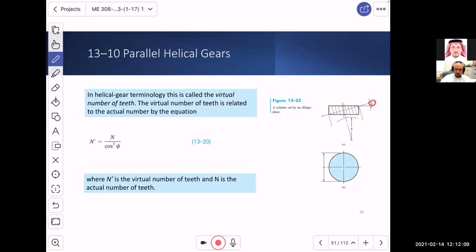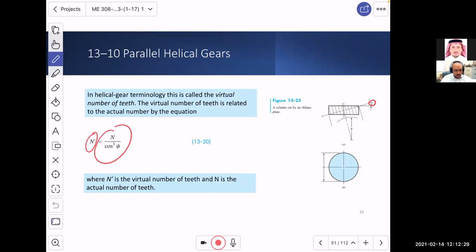If you imagine that this virtual gear has a number of teeth, then the number of teeth on that virtual gear is n prime, which is equal to n divided by cosine cubed psi.